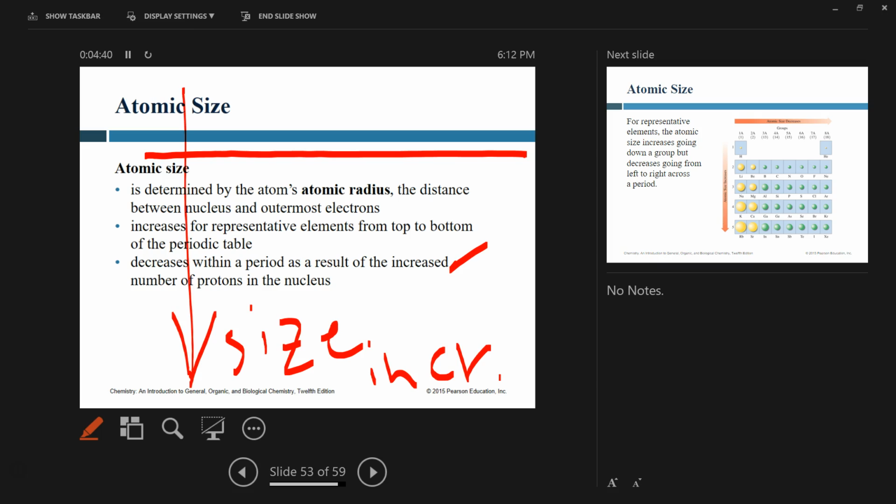Now, how does it change within the period? This is also not complicated, but this time we have to think about the charges. So, take, say, the second period. If you have a periodic table in front of you, look at it. It's going to be useful.